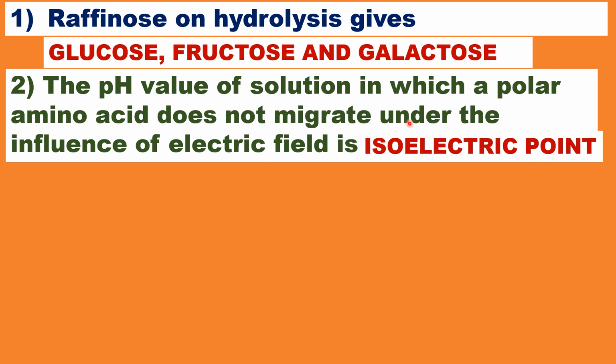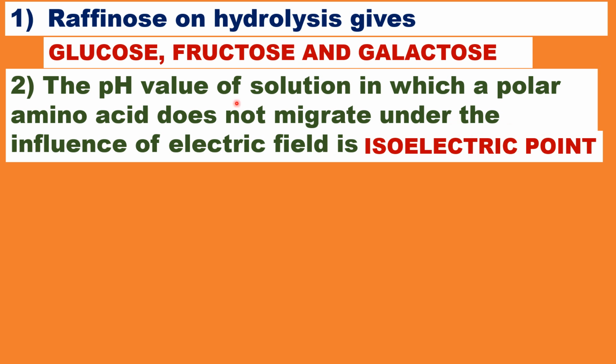At this pH, the amino acid molecules are neutral. Therefore, they do not migrate either to the positive electrode or to the negative electrode.